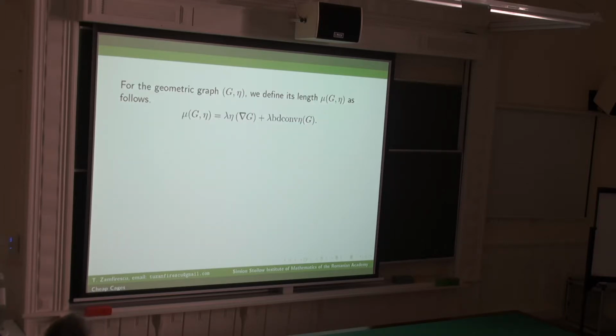And now define the length of this geometric graph. The length of this geometric graph is the length of the projection of nabla G, so G minus those deleted edges, and the length of the boundary.